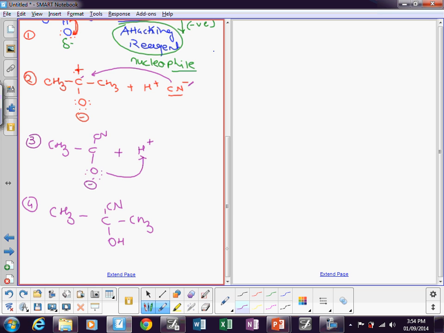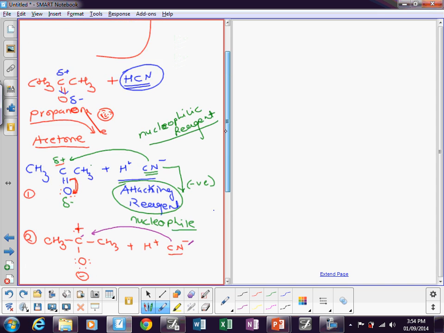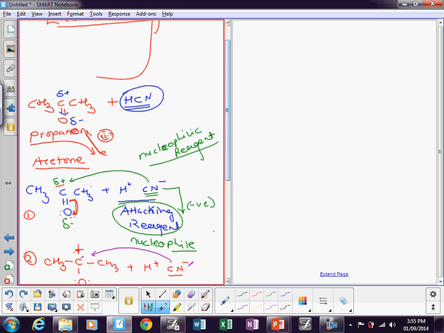If you see the sequence, earlier in acetone it was only a polar bond.